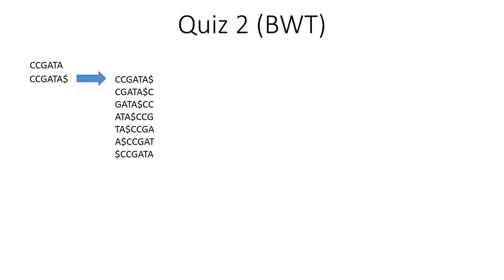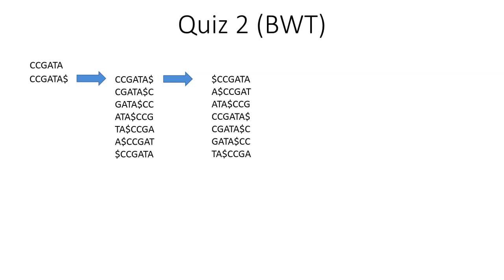Make sure the number of strings is equal to the length of the sequence plus 1. After you write them all out, you put them in sorted alphabetical order, with the $ sign on top. And then the last column is your transformation. That should be pretty straightforward and quick to do.